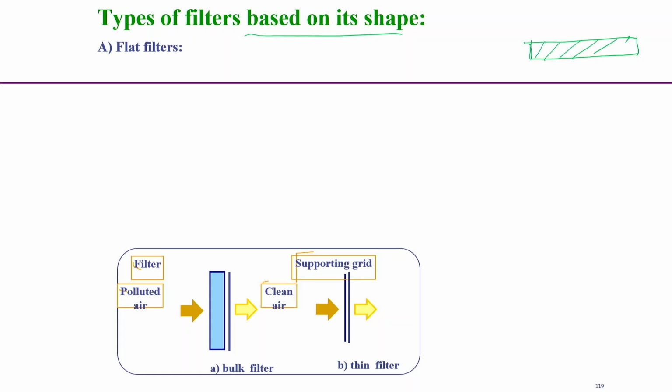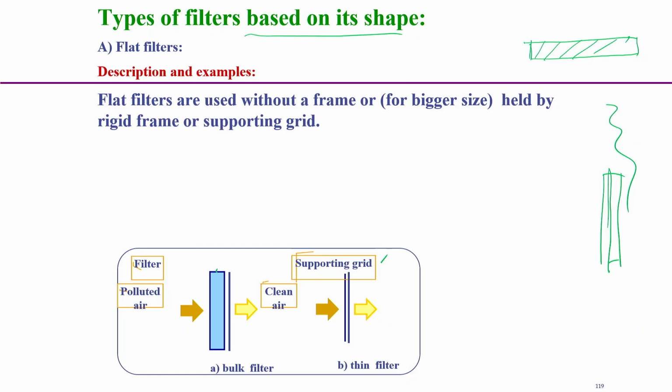For a bulk filter we may or may not need any support, but for a thin filter like textile fabric or woven fabric, if we want to keep it flat we need a frame support in which we can keep the fabric. So, a thin filter may need support, and a bulk filter, being very stiff, sometimes does not.